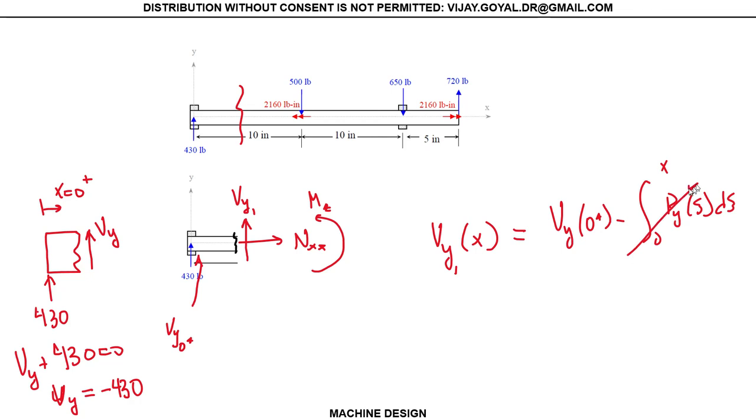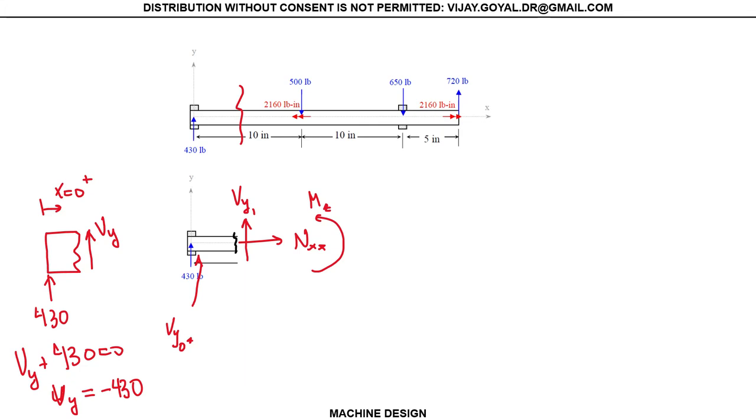And we don't have any distributed load, so this goes to 0. So for my V1, this is equal to minus 430 pounds. Okay, so we know what my shear is in this section. I'm going to delete all this. You can always go back in your video to take notes.